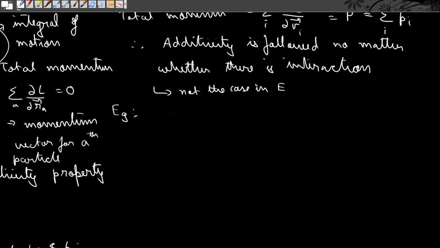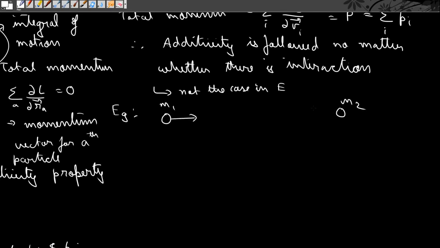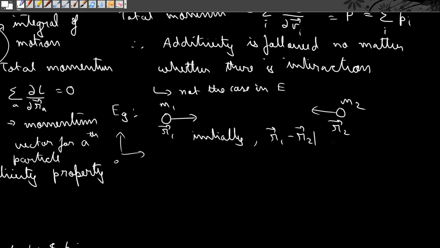Consider two masses m1 and m2 initially separated by infinite distance. With some reference, I'm going to call the position of this R1, position of this R2, and initially the modulus of R1 minus R2 was infinity.